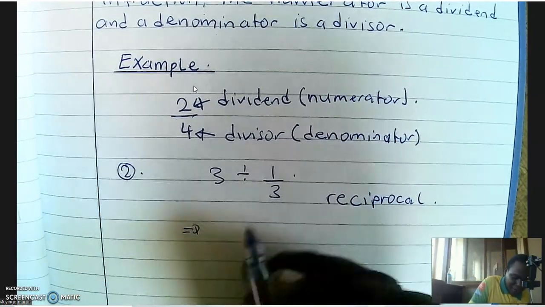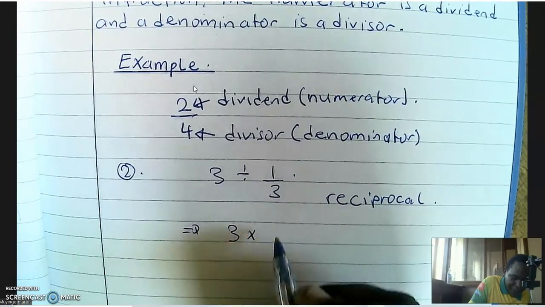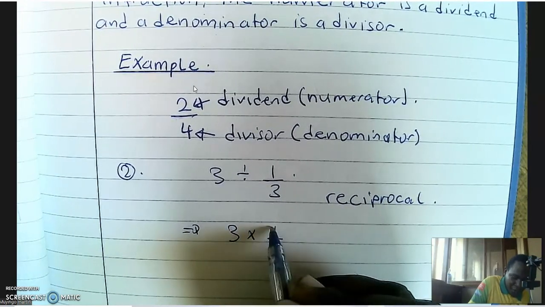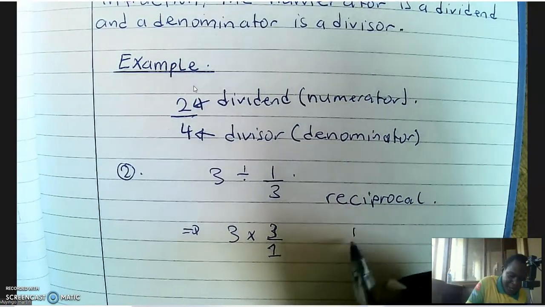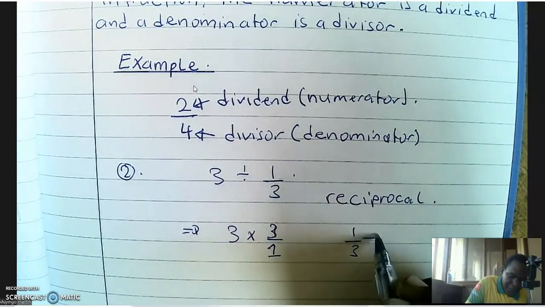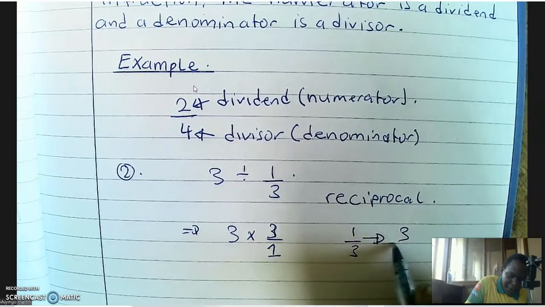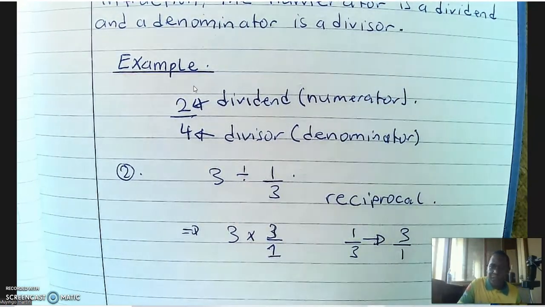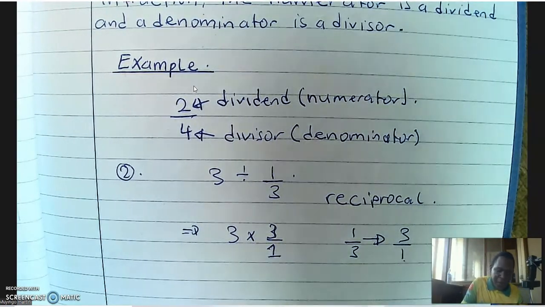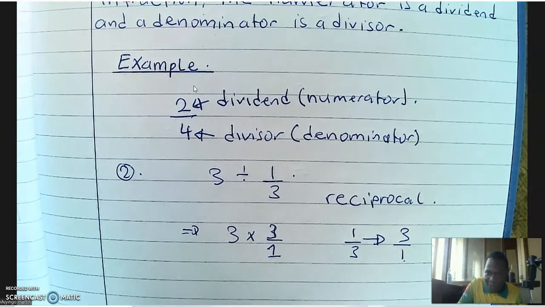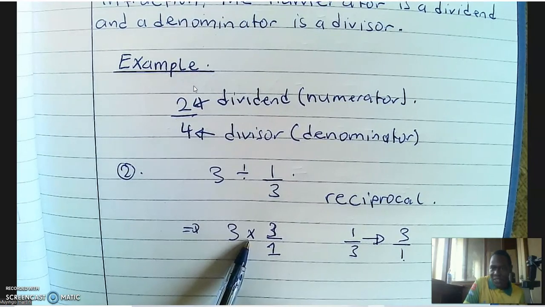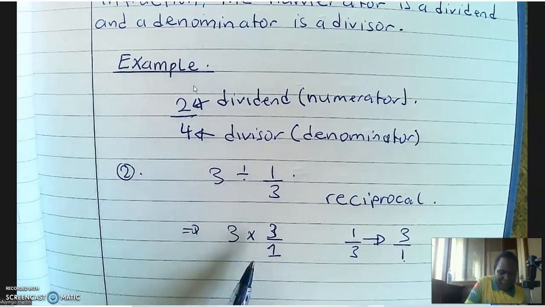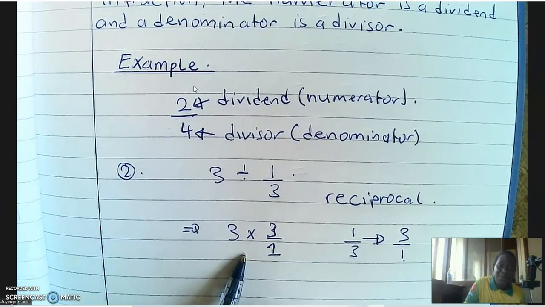This number will become 3 times 3 out of 1. If I have 1 out of 3, its reciprocal will become 3 out of 1. If I bring in the reciprocal, then I introduce the multiplication sign, so I change from division to multiplication.